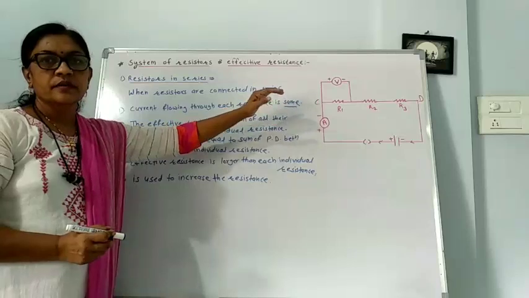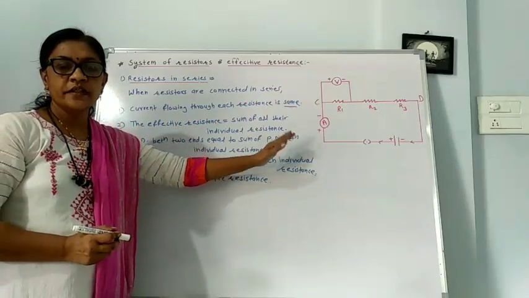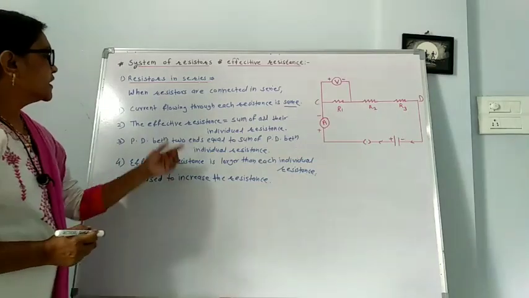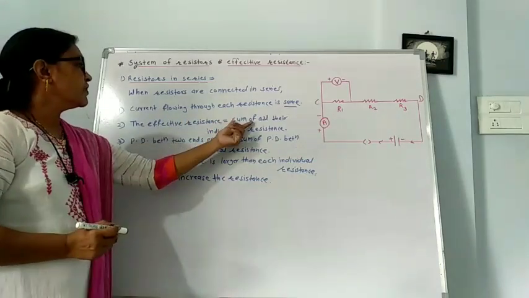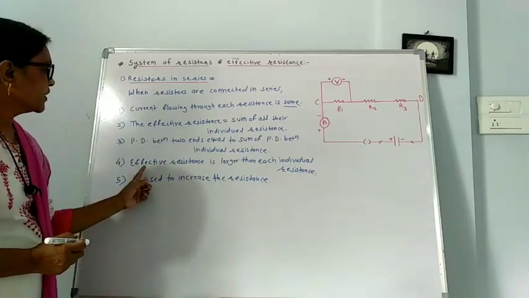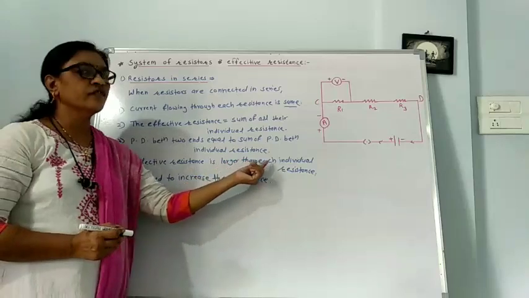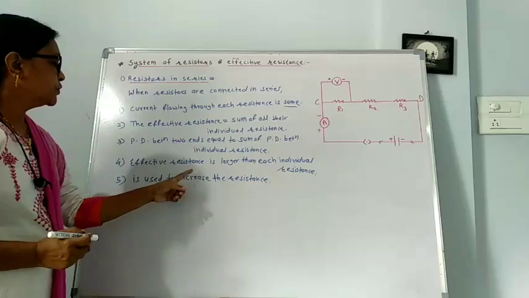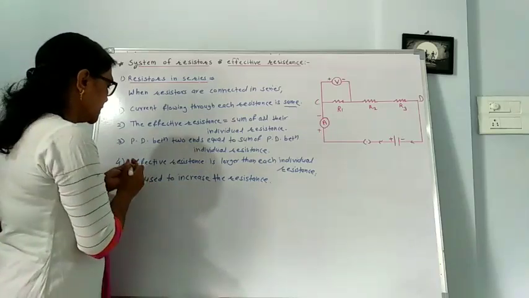We have calculated the formula RS is equal to R1 plus R2 plus R3, and this effective resistance is the sum of all their individual resistances. That means the effective resistance is larger than each of these resistances, and this arrangement is used to increase the resistance.